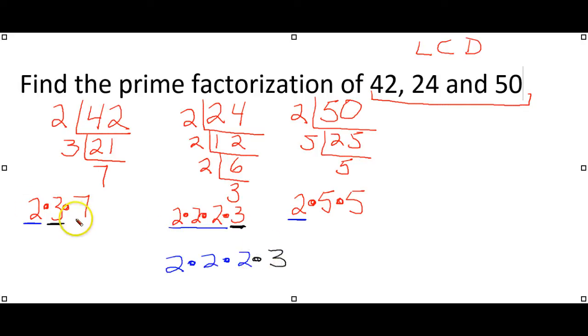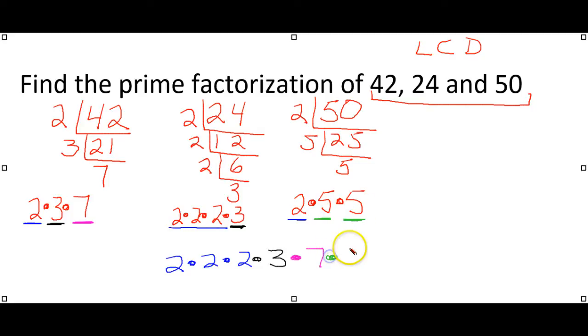All right, now I have a 7 here. Change colors again. Now 7 is used once there and only once. So I will need a 7. And what do I have left? Well, I have a 5. 5 is used in this factorization twice.